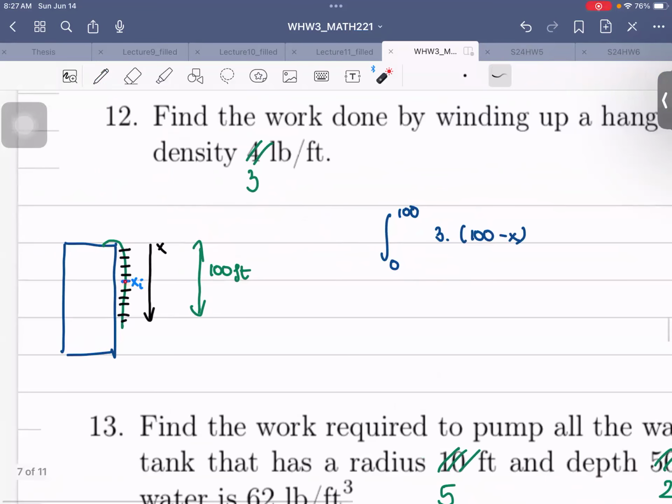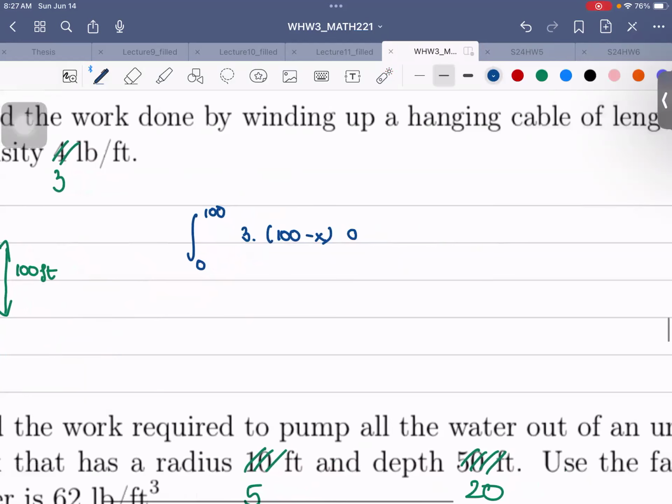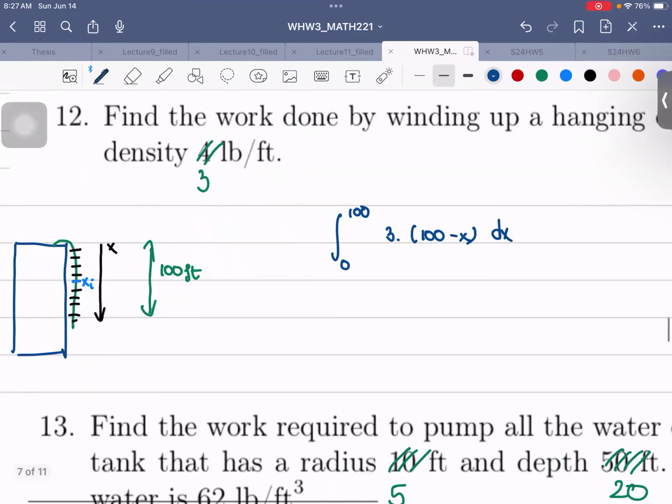Again, for the piece of rod at the position xi, it has to travel the distance 100 minus x. So this is the amount of work, and you have to do the same thing for every little piece of the rod that you have, if you want to take all the thing up to the top of the building. Again, if you work with this little piece, this thing has to travel 100 minus xi.